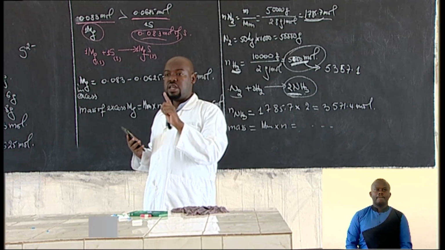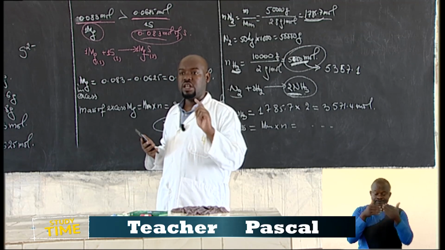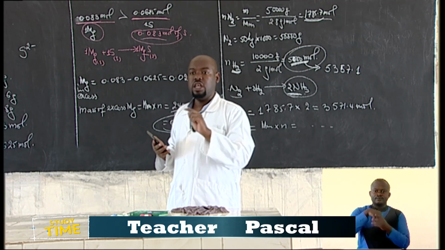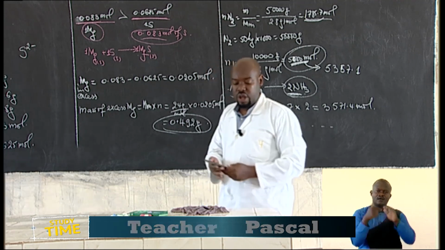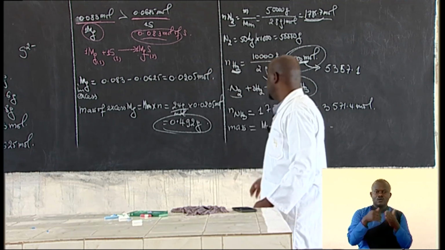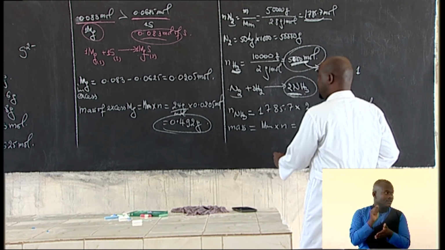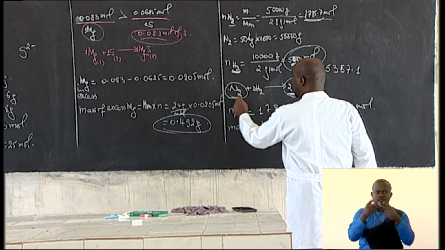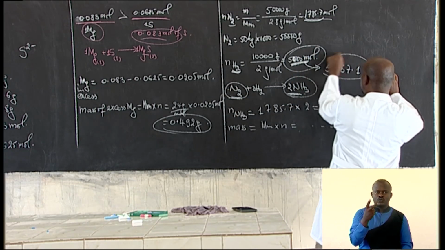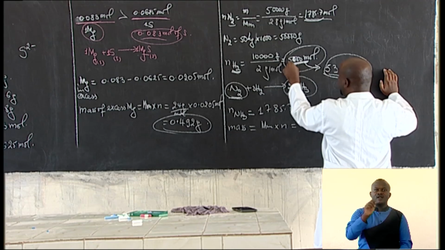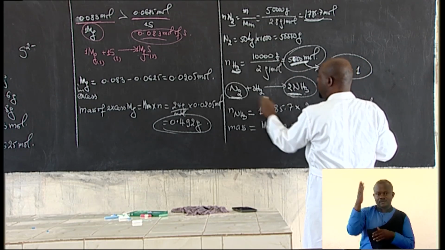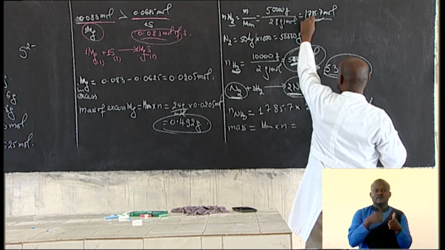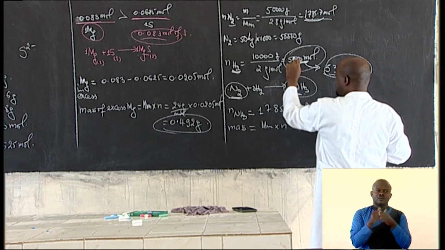And it is said, identify the limiting reagent in the production of ammonia in that situation, in the reaction we have. Which one is the limiting reagent? We have seen that it is nitrogen, because we needed this amount of nitrogen to combine with this. But what we have is less than what is needed.